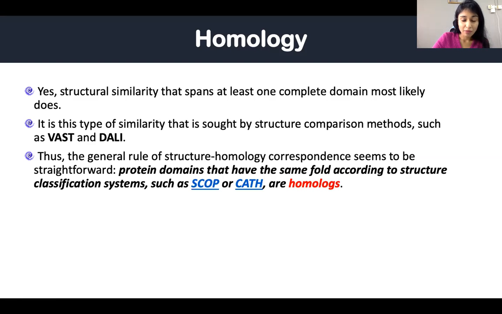Proteins that have the same fold will have the same structure, and therefore they have the same function, right? And they are known as homologs. Okay, so remember this: protein domains that have the same fold according to structure classification systems will have the same function. Okay, and so they are known as homologs.